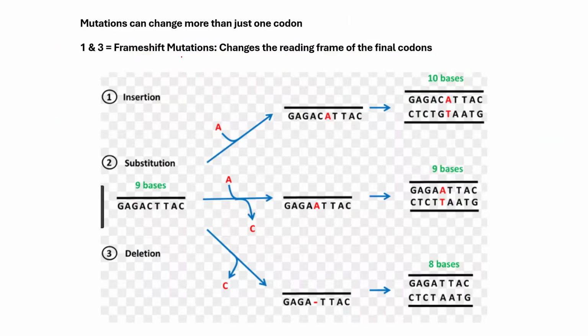So there are two other kinds of mutations that can occur. These are called frameshift mutations, or what we call indels. And they are basically mutations which cause a shift in the ability to read the DNA and therefore read the RNA.